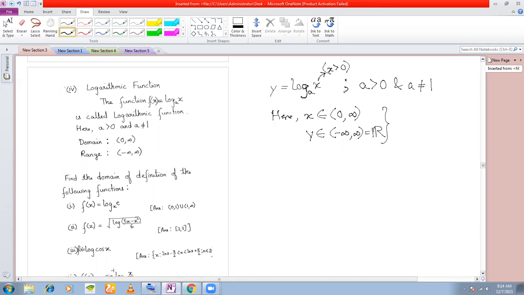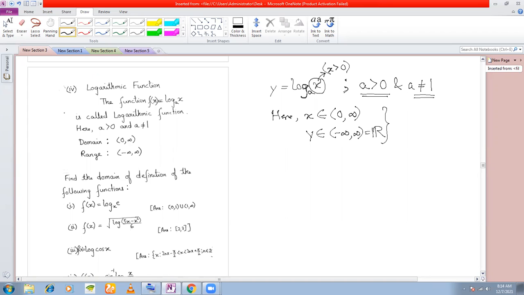For log to be defined as a function, you cannot take a negative value of x. Next, the range of the log, the value of log x to the base a, can be any real number, from minus infinity to infinity. And always remember that the base of a log is always positive and never equal to 1.